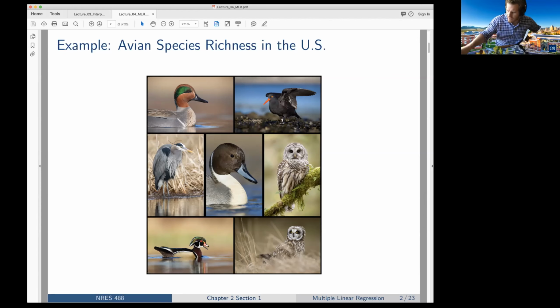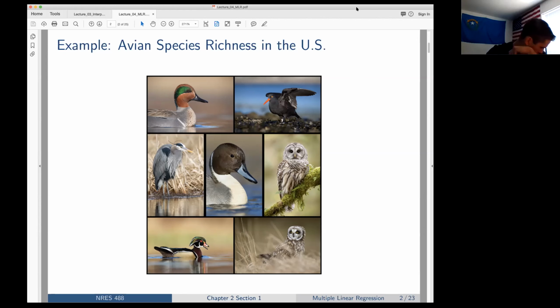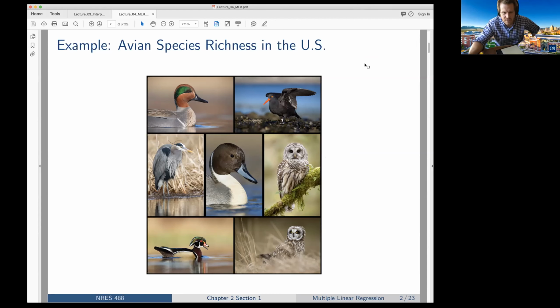I have a graduate student working on spatiotemporal statistics related to northern pintails in the US and Canada. How about on the right? Middle right. It's a barred owl. Barred owl, right? Becky. And then bottom left? Wood duck. Wood duck, yep. I also have a graduate student working on wood duck and mercury in Fallon. And then bottom right.